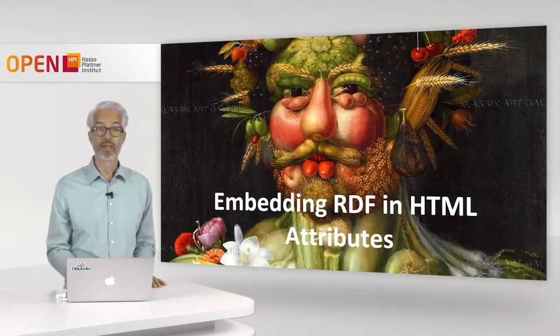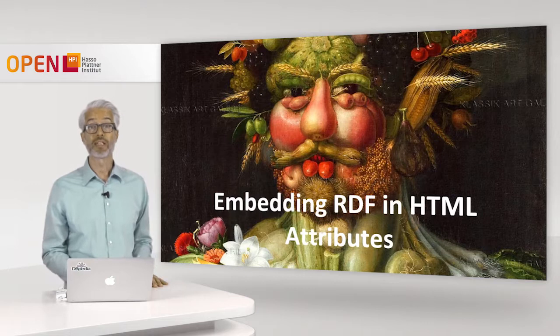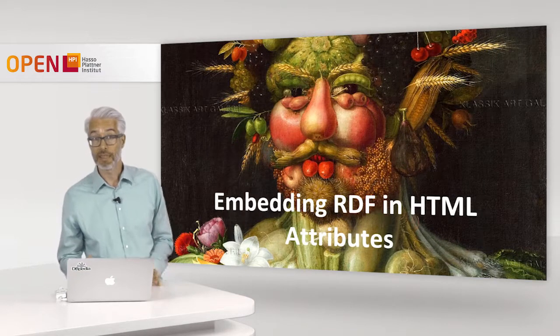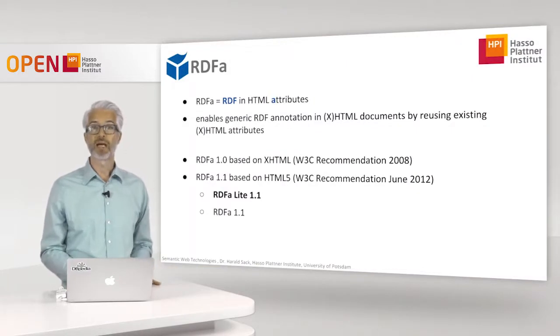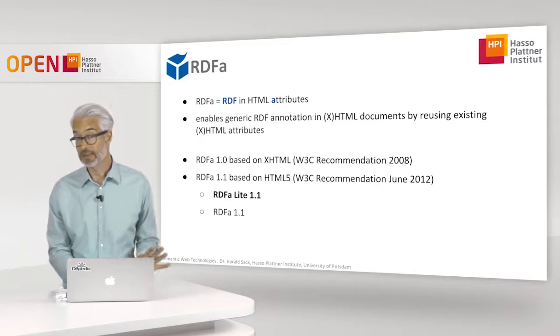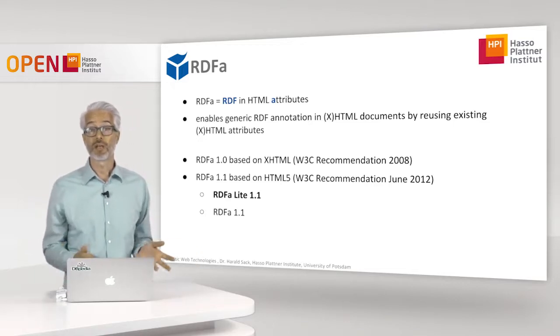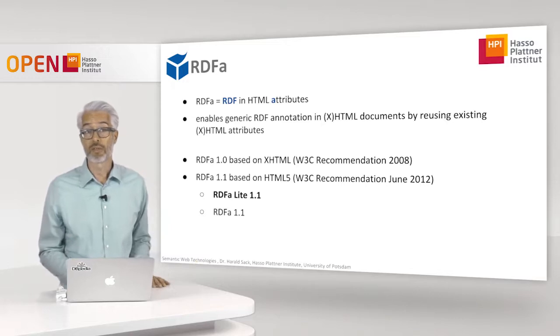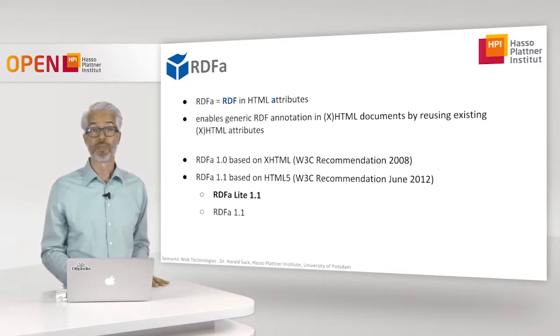So first, let's start with embedding real RDF within HTML attributes. This is RDFa. RDFa is nothing else but RDF in HTML attributes. The basic idea is exactly the same as for microformats, and it enables generic RDF annotation within HTML or XHTML documents by reusing XHTML attributes.